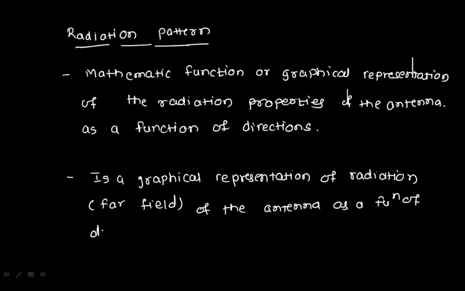I have removed the space coordinates here. It's a graphical representation of radiation, but you have to measure that radiation in the far field region, because in the near field region you are not going to get a proper formation of the E and H planes.